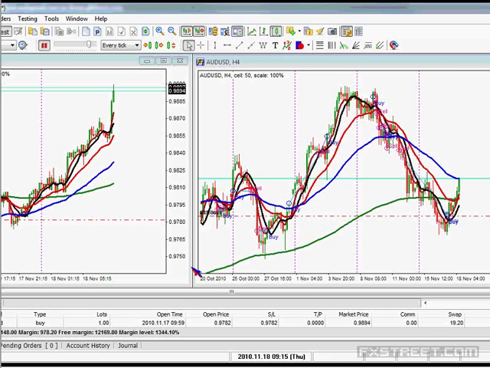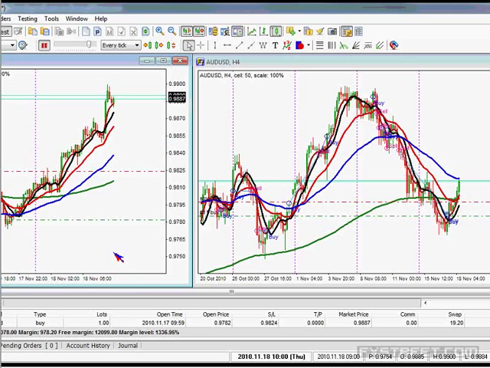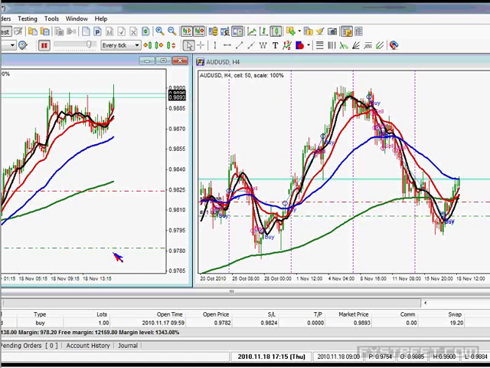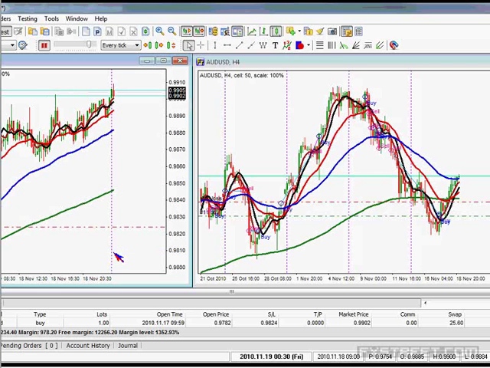Okay, so now we're up a decent chunk in this direction, so let's move our stop. I'm going to go below this swing here. Let's give it a bit of breathing space, see if we can get lucky. I'd like it to go up, make new highs, and then I can move my stop again.